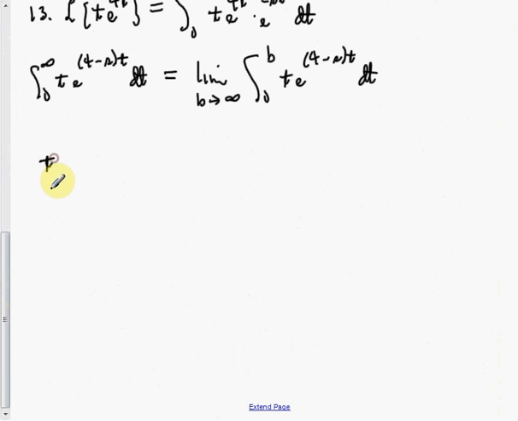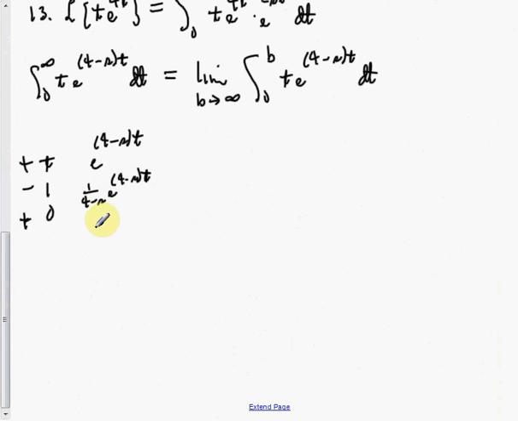So this is t, 1, 0 with plus, negative, plus. This is e to the (4 minus s)t. And so this becomes 1 over (4 minus s) times e to the (4 minus s)t.